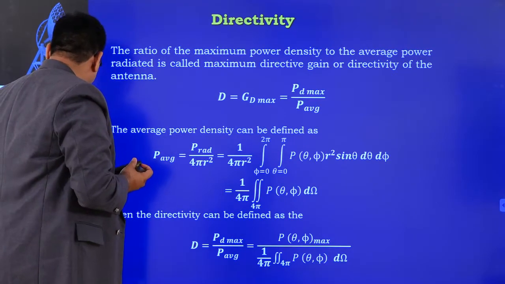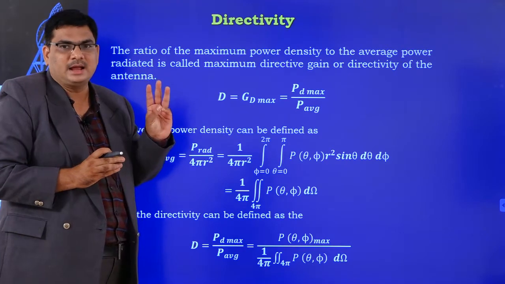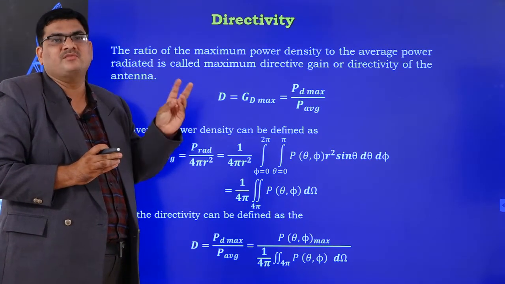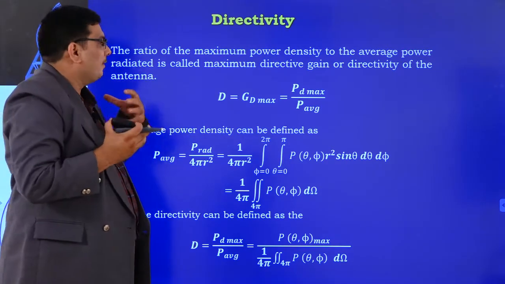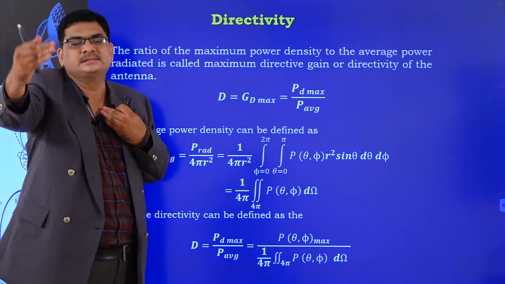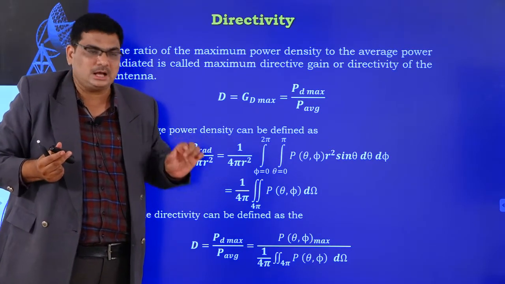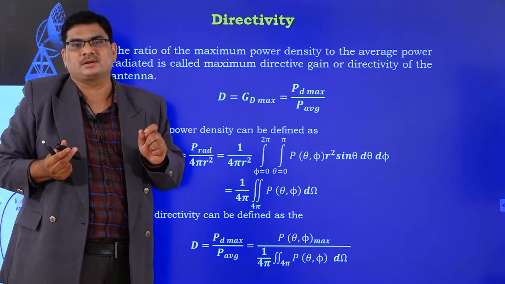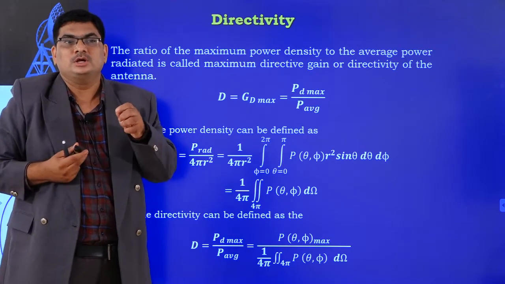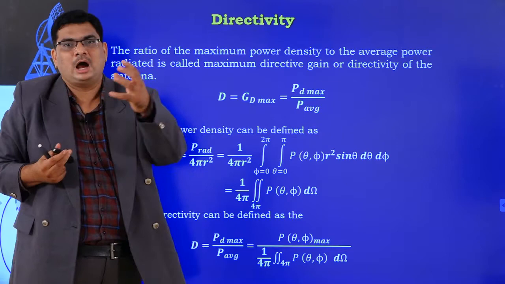The next parameter is directivity. For any antenna, gain and directivity are both very important. Suppose my concentration is in this direction, I want to radiate in this direction. What is the beam width of your antenna, and how much is it radiating from your input side to the output side?